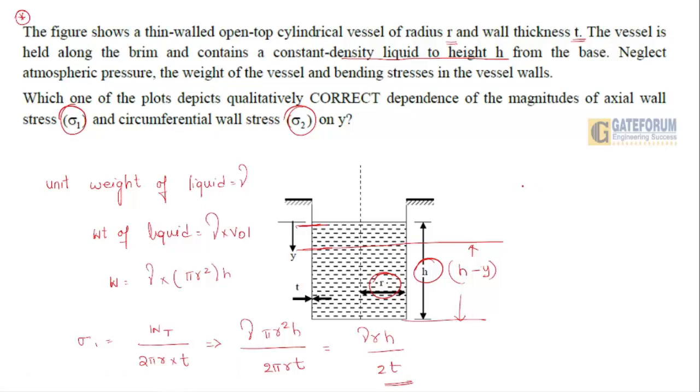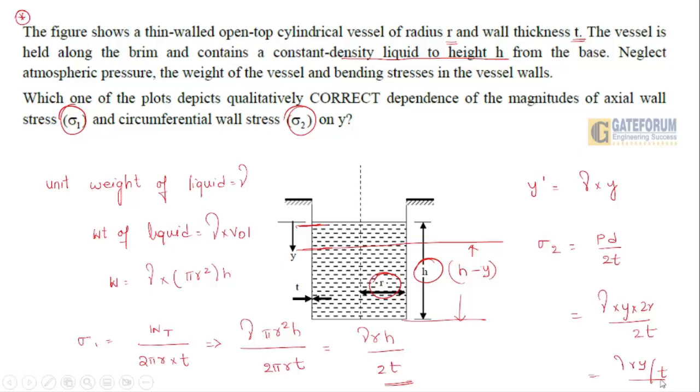When we come to pressure, Y dash, if I take a new direction, gamma into Y. Right? Now circumferential stress sigma 2 is how much? pD by 2t. That will be gamma Y into 2R by 2t. That gives gamma R Y by t. Alright?